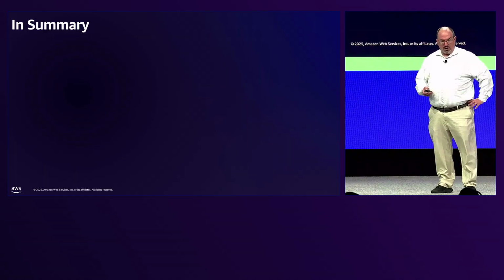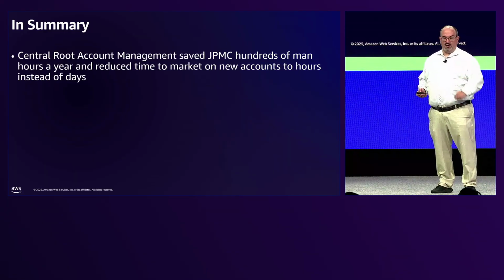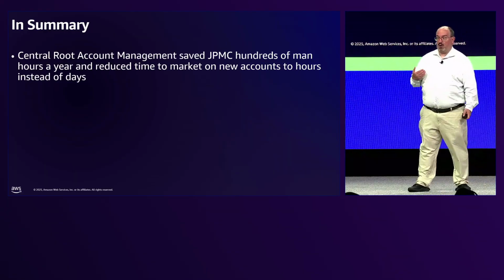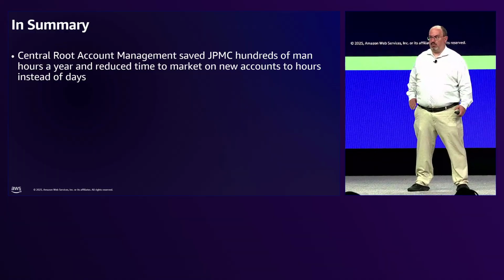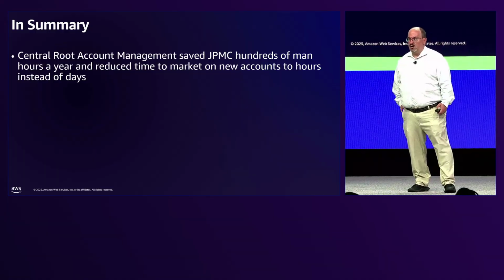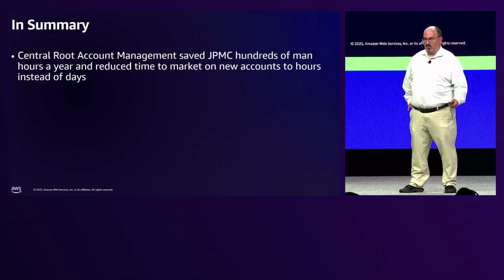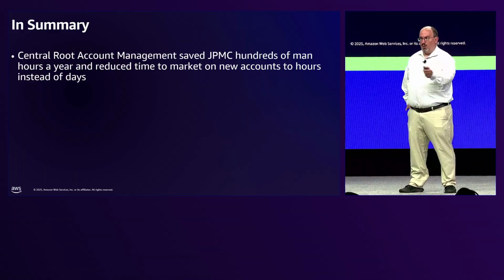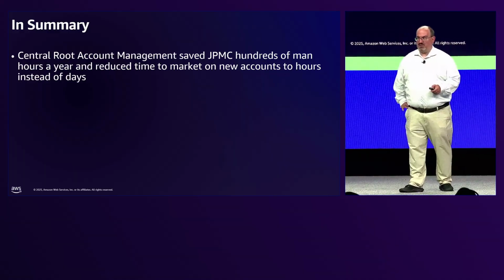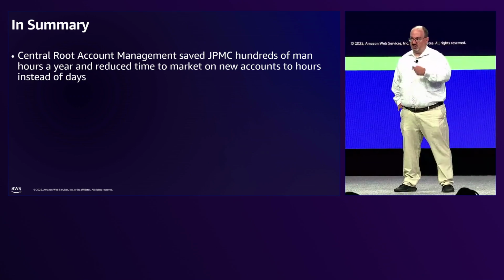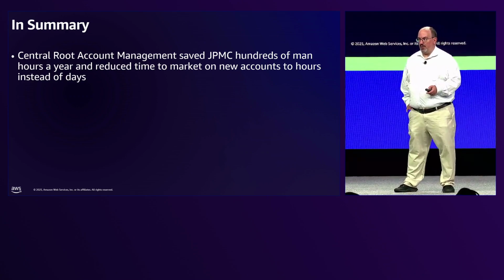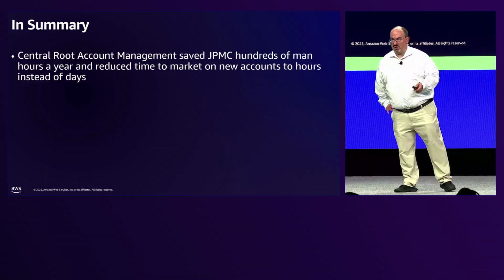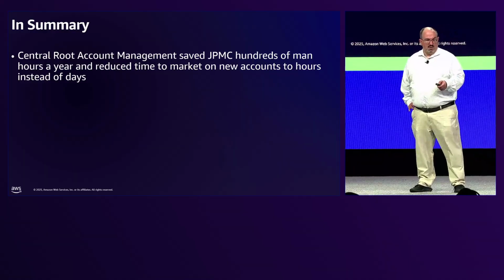So I did want to summarize the benefits. I can say, for JPMorgan personally, we spent hundreds of man-hours over the lifespan of AWS to manage and vault these root accounts, and we've been able to reduce that time significantly so that those individuals can spend more time improving our status on the cloud in other areas than doing simple password management within the organization.